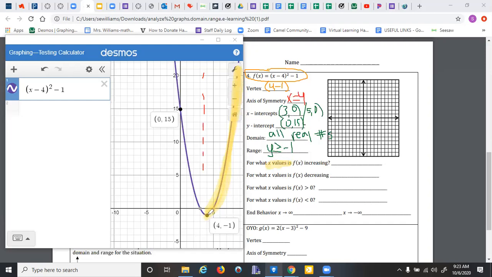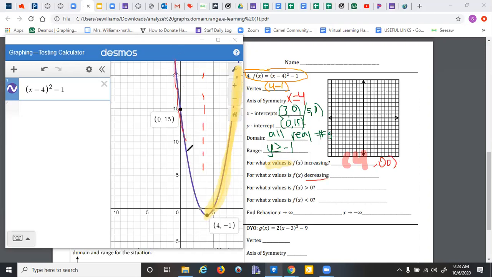So what is the x value that it starts increasing at? 4. And it goes to what? Positive infinity. Very good. 4 to positive infinity.